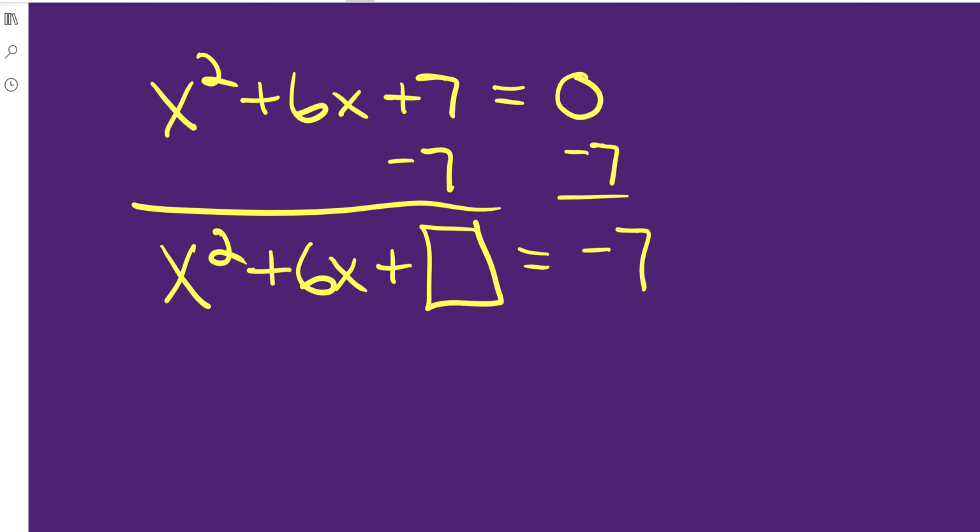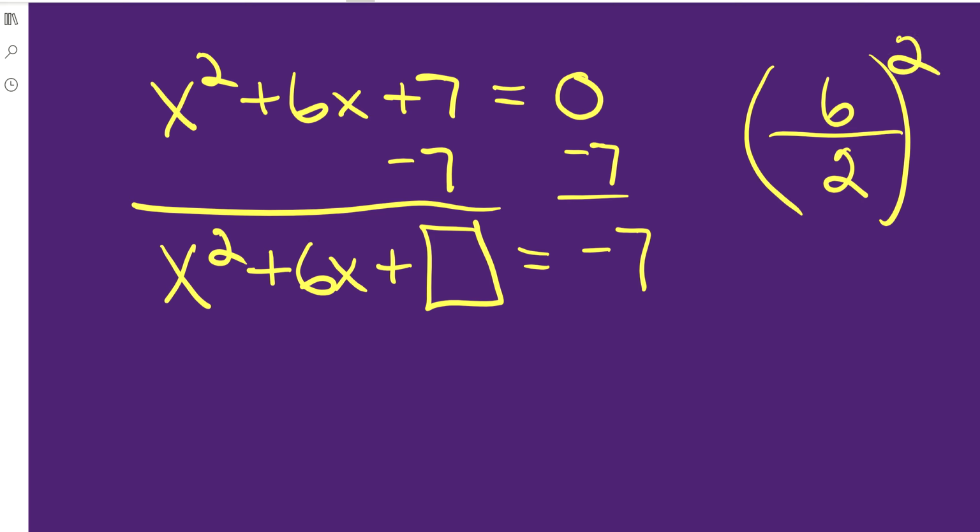Okay, so let me figure out what number goes here. I'm going to take the 6, which is b in standard form, divide it by 2, and then square the whole thing. So 6 divided by 2 is 3, and 3 squared is 9. So we did this one before earlier.